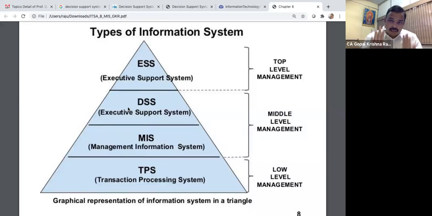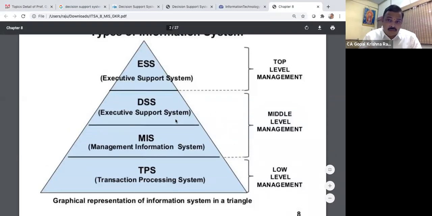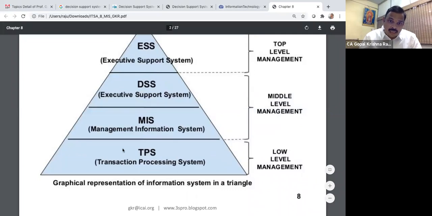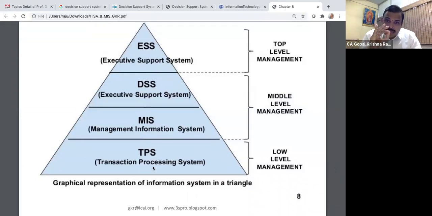Good. So now try to keep this structure in mind, so that when I give examples, you try to appreciate what it is. For example, now we have 80 students online. I'll give an example of TPS. Now, what is a transaction in an organization?